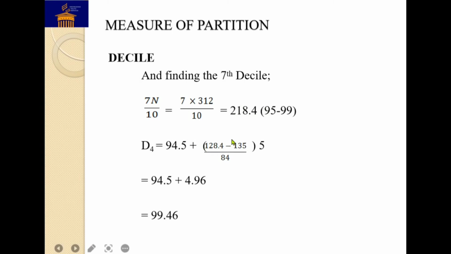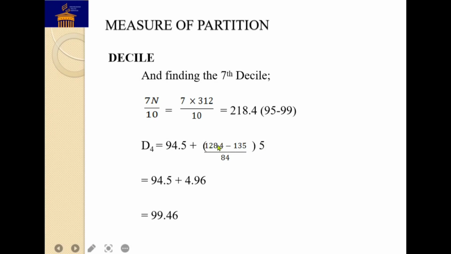So 218.4 minus 135, divided by 84, times 5. 84 is the frequency of the fifth range, and 135 is the cumulative frequency before that class. 218.4 is the seventh decile class.